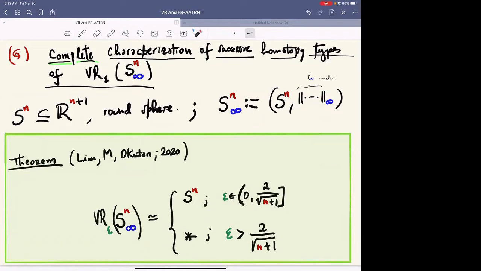It turned out, surprisingly, that in that case you have a very tame situation: instead of infinitely many different homotopy types, like in the case of S1 with geodesic distance, we have only two. So the Vietoris-Rips complex of Sn with the L infinity metric behaves like Sn for epsilon in that range, and after that becomes contractible.